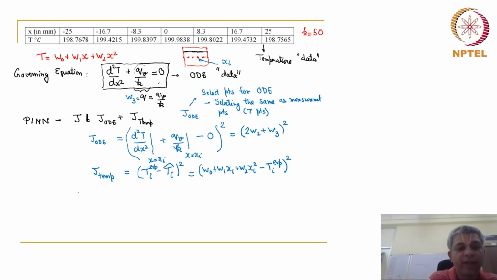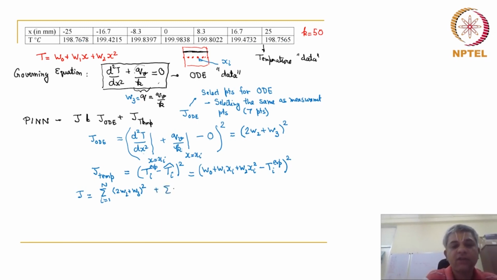So I am going to write J equal to, this is the same for all of the endpoints. I have endpoints 1, 2, 3, 4, 5, 6, 7. So this is going to be summation of (2 w2 plus w3) square, i equal to 1 to n. It turns out to be a constant. It doesn't seem to depend on i.